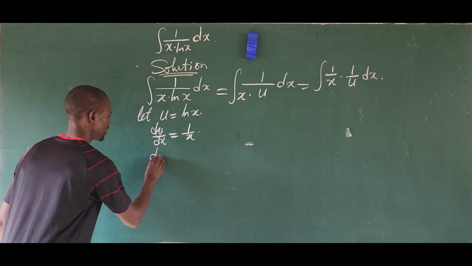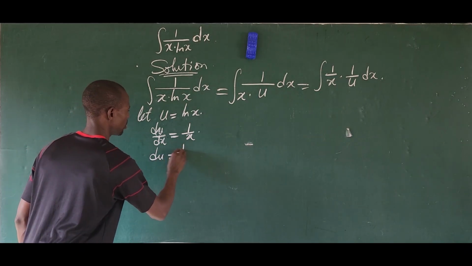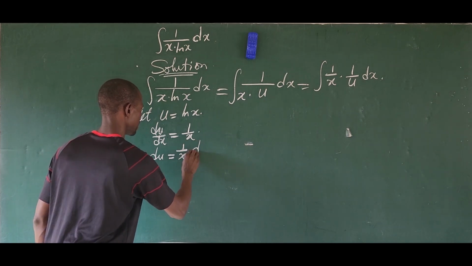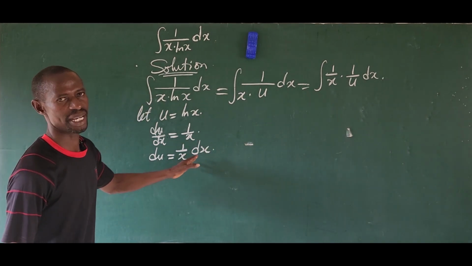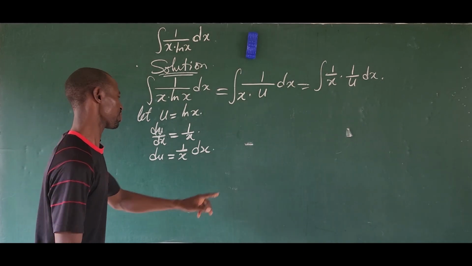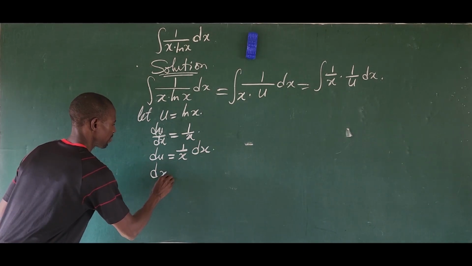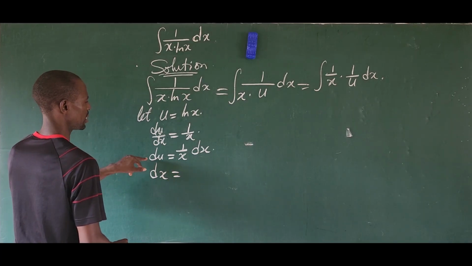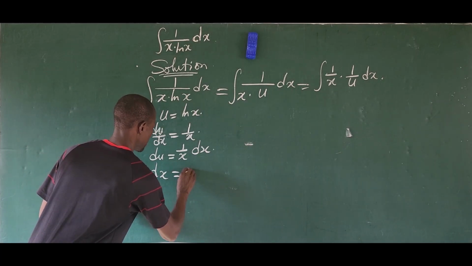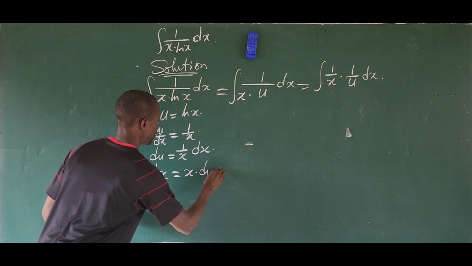So we're going to have our du is equal to 1 all over x, then dx, right? So yeah, we have to make the x the subject of the formula also. So our dx from here will now be what? Our x times du. So we have here our x times our du.